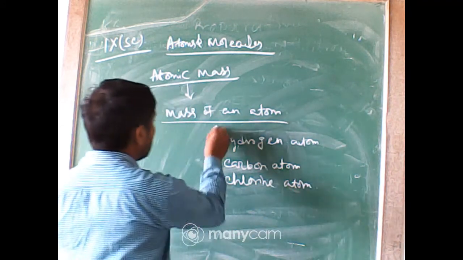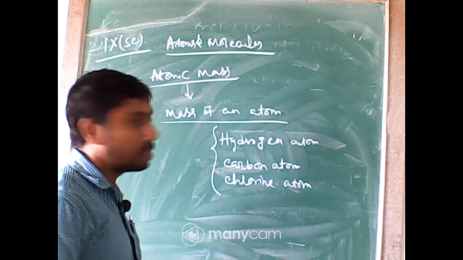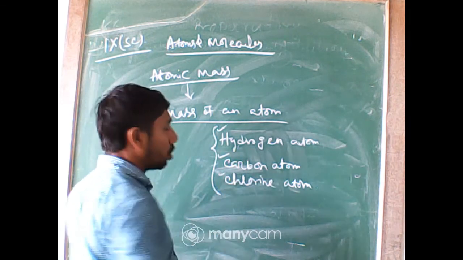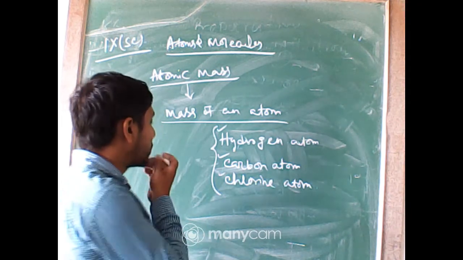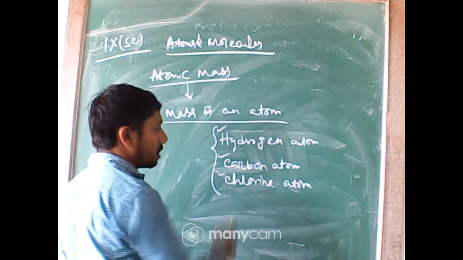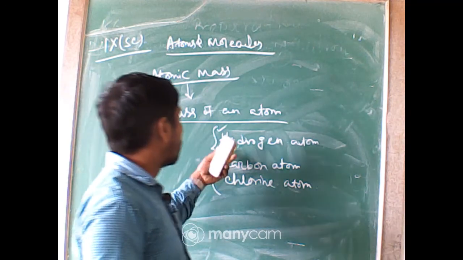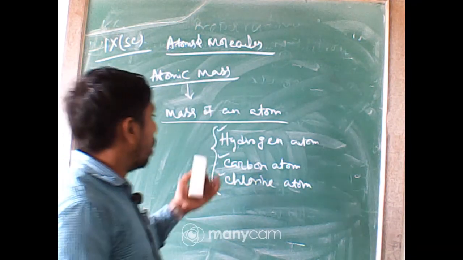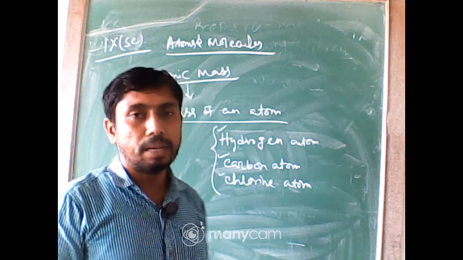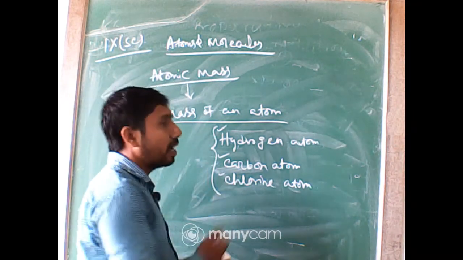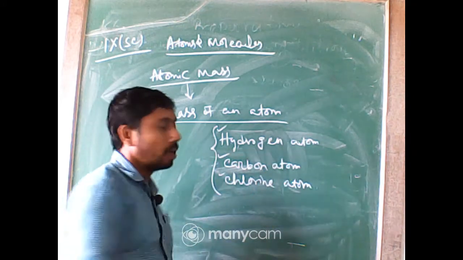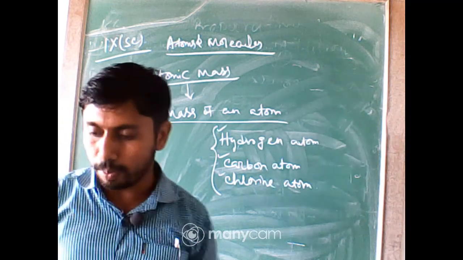So these are the different references: hydrogen atom, carbon atom, chlorine atom, and there are also other references, like the oxygen atom, etc. So what is the mass of an atom? It is the proportion we get when we divide the mass of an atom by the mass of a hydrogen atom.